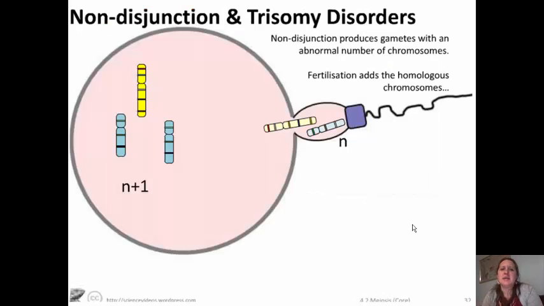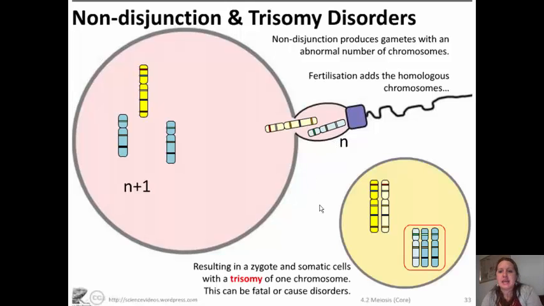All right, so what does that mean? What happens if we have nondisjunction? Well, in this case, we'll have something called a trisomy. Tri means 3, so we're going to have 3 chromosomes. So with nondisjunction, we have this egg here that has an extra chromosome, and it's going to combine with this sperm that has a normal number of chromosomes, okay?